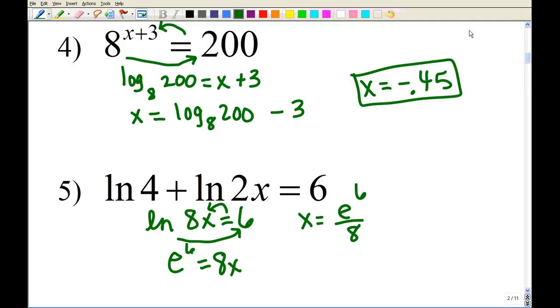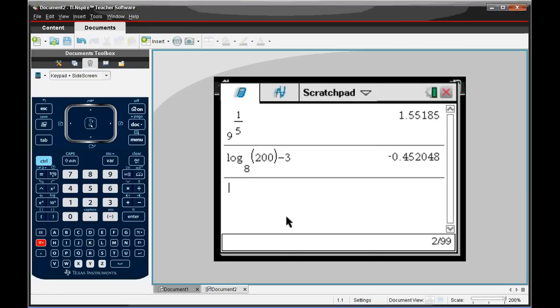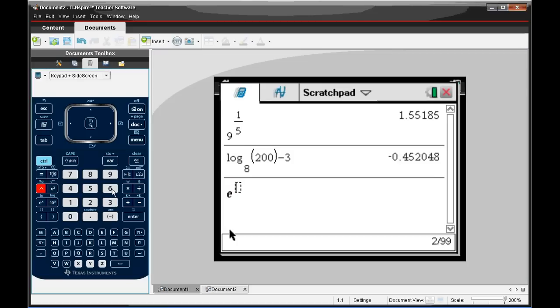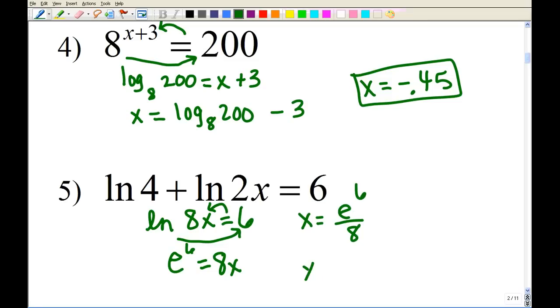So in your calculator, the e is in this little pi button here, so I'll have e to the power of 6, and then divided by 8. We get 50.43. So x equals 50.43.